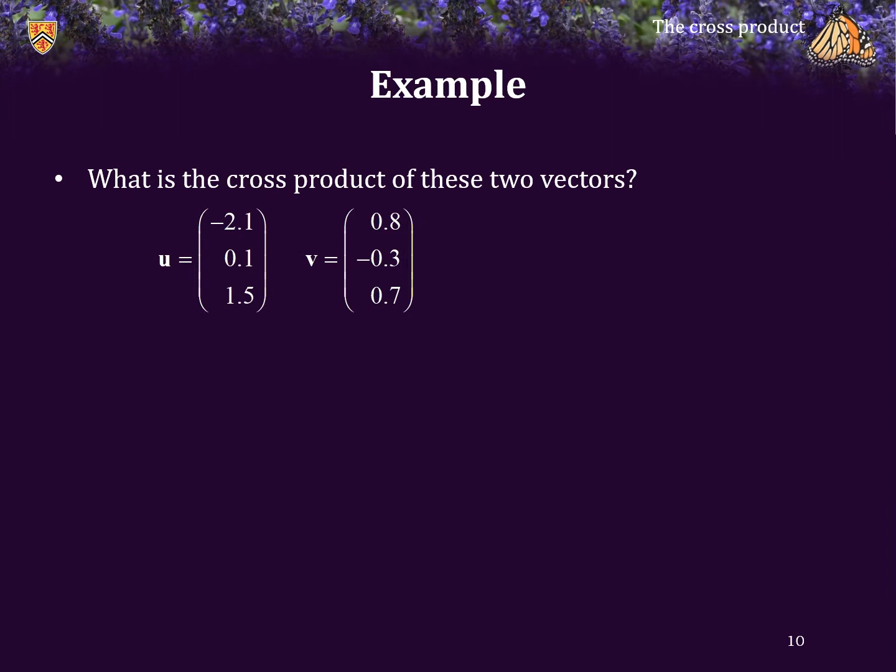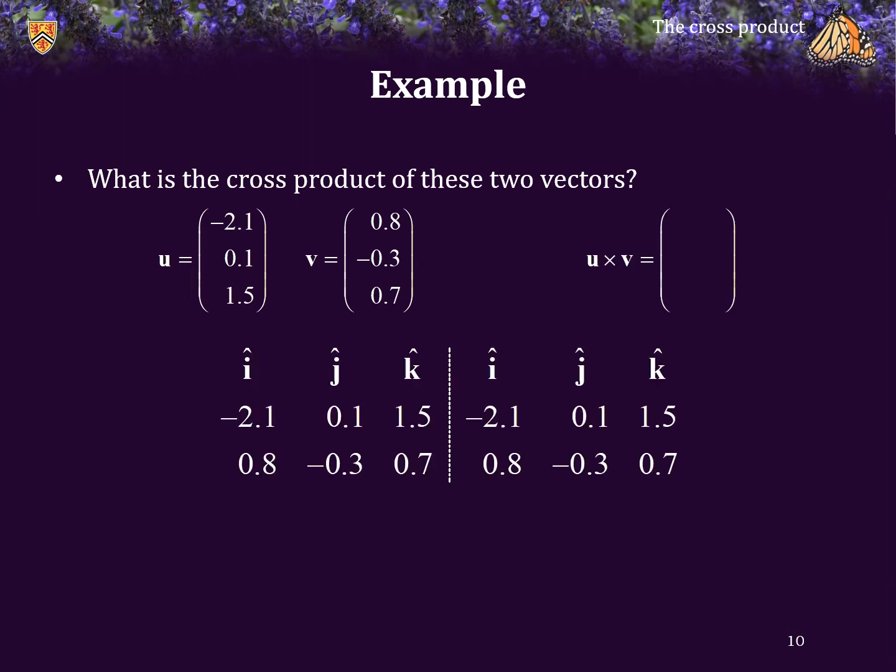All right, so what is the cross product of these two vectors? Well, let's find the three entries. Here we write down essentially an augmented matrix, but in the first column are the three canonical basis vectors i, j, and k. The second row contains the entries of u duplicated, and the third row contains the entries of v, again duplicated.